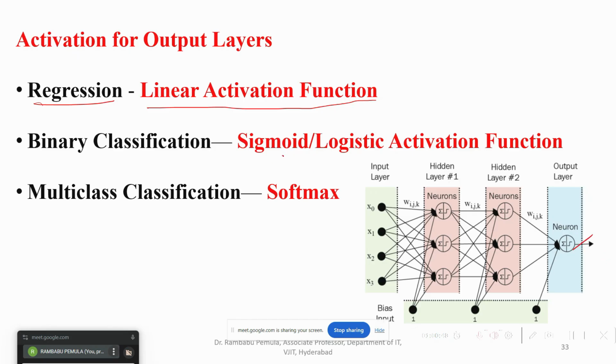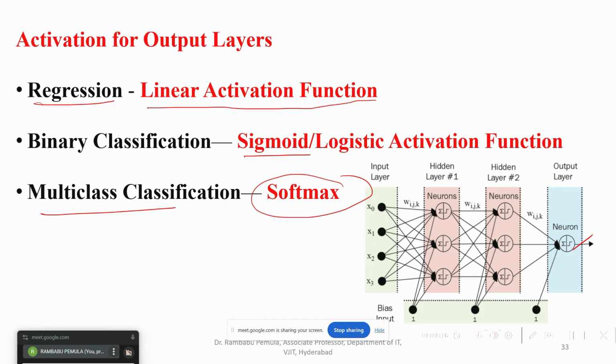Suppose it is a binary classification problem, then we can use either the Sigmoid or the logistic activation function. Suppose it is a multi-class classification problem, then you have to use softmax as the activation function. So this is the way you use different types of activation functions in your neural networks.